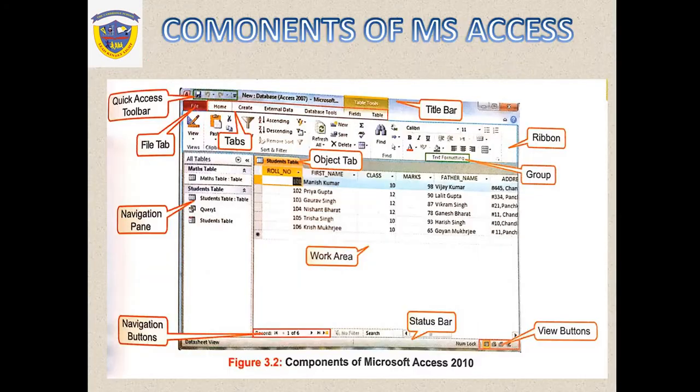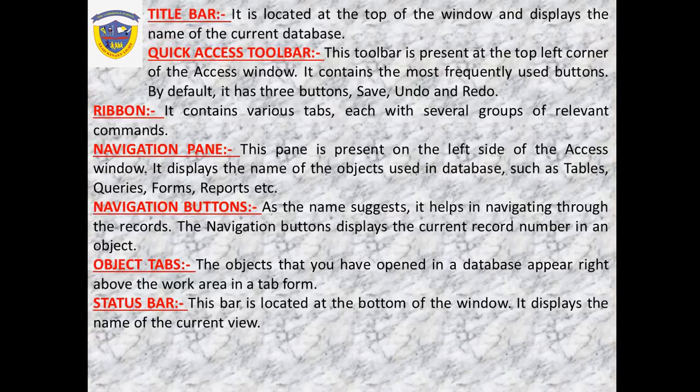You can check here the object tab. Clicking on the tab displays the contents in the work area. To close the current tab, click on the cross button on the right-hand side of the bar.